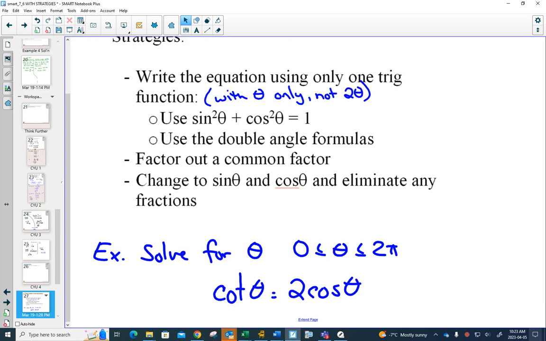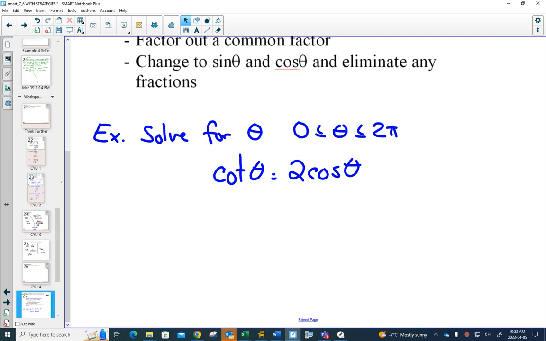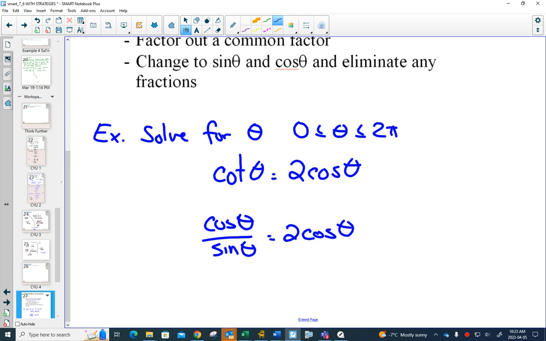You might have to change things to sine and cos and eliminate any fractions. You might have to factor out something in common. So in this case, I'm going to change cotangent to cos theta over sine theta. That creates a fraction, but you can get rid of a fraction in an equation by multiplying.